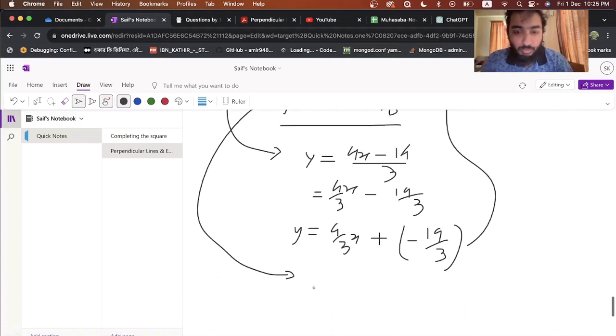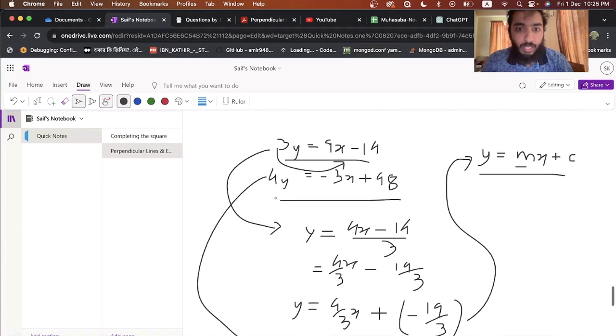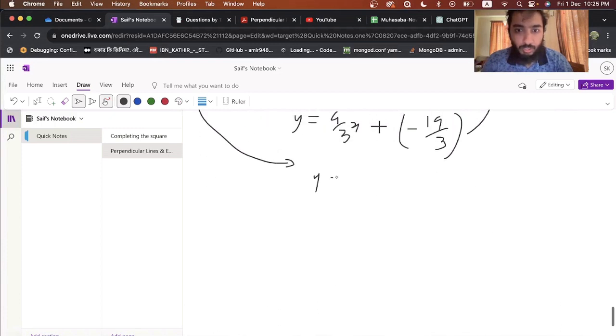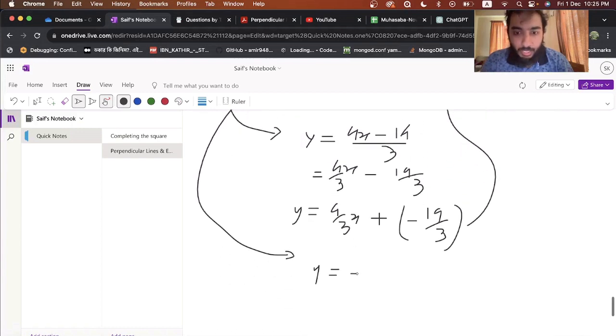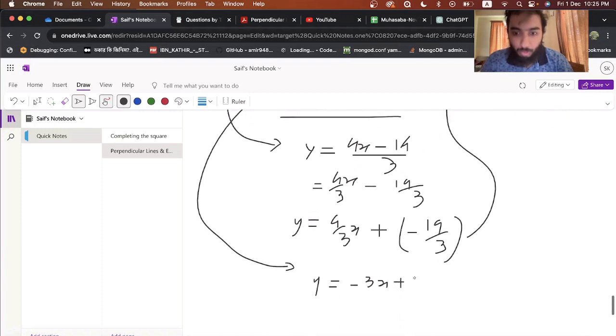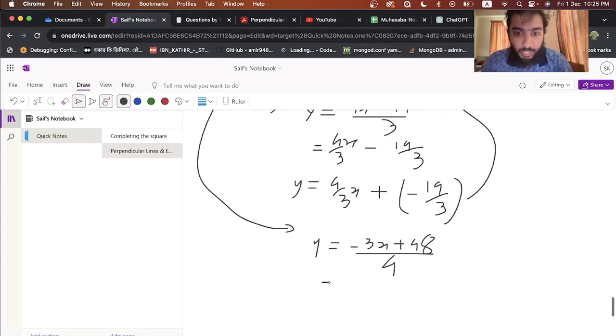Because there is 4y, I can divide both sides by 4. So y would be (minus 3x plus 48) divided by 4. I just divided both sides by 4, and you can split the two parts.